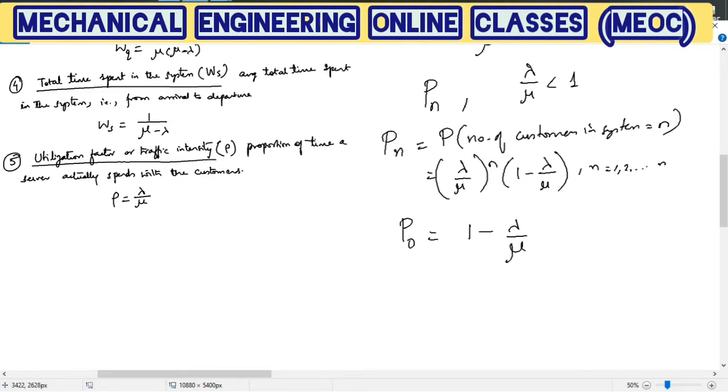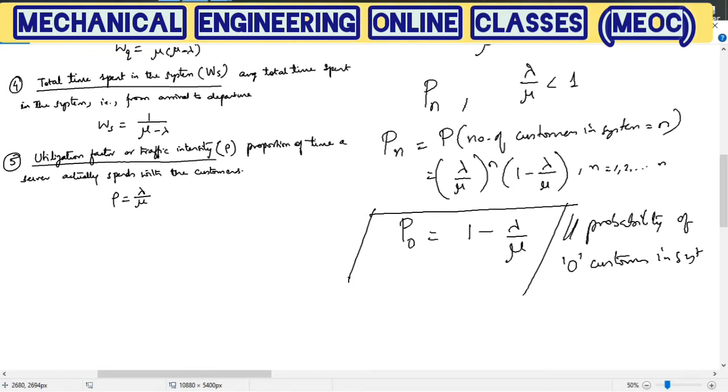This is the probability that there is no unit in the system. That means the server is idle. So this is the case of an idle server, and the probability is 1 minus lambda by mu.